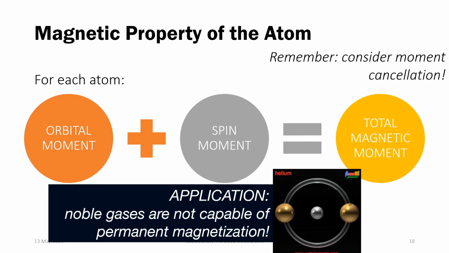And by totaling all of the moments inside your material, the magnetic properties of your material will differ. So one application is for our noble gases. In noble gases, the orbital moments and spin moments cancel out, making the magnetic property of your noble gases weak. They become not capable of permanent magnetization.